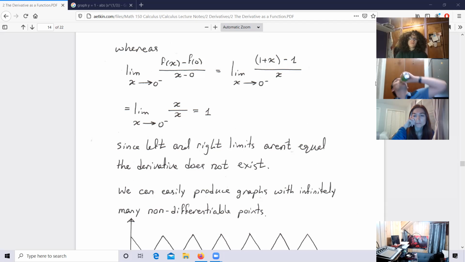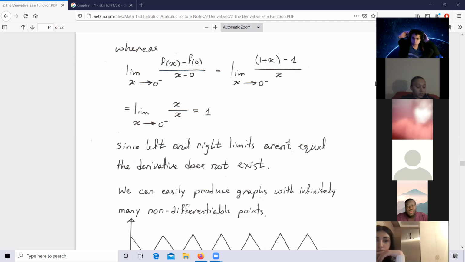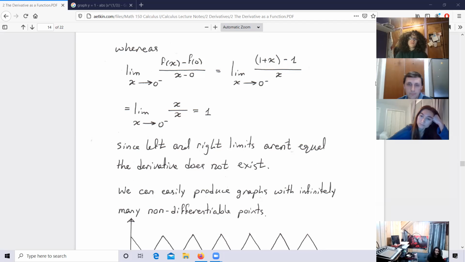You gotta ask yourself, why am I finding the limit of x going to zero minus or zero plus? There's a certain purpose to that way of thinking. Why am I getting 2 functions x and a, subtracting and dividing x minus a over x minus a? It's a process.